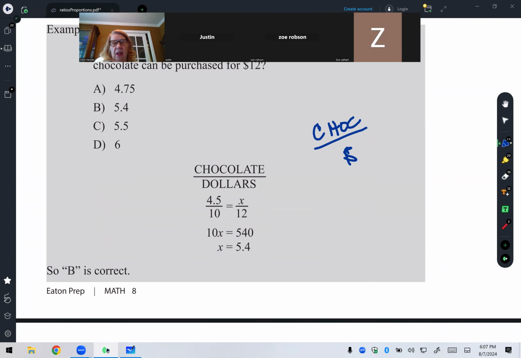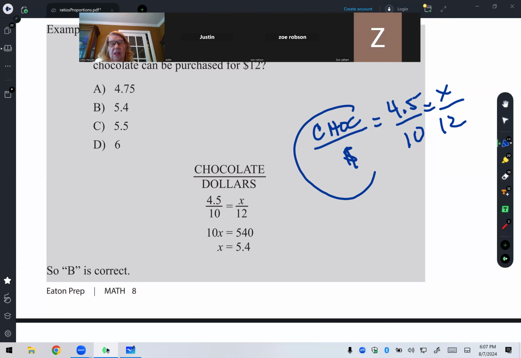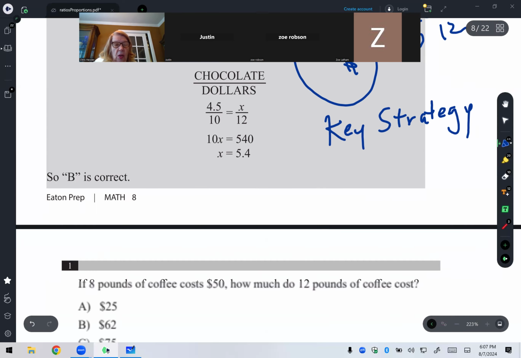It takes 2 seconds. Then you would put 4.5 over 10, and you won't make a mistake about putting those labels on. Okay, so everybody understand what I meant about putting labels on it? Because you don't have to think so hard if you do this. This is the key strategy for any ratio. Also knowing if it's part to part or part to whole.